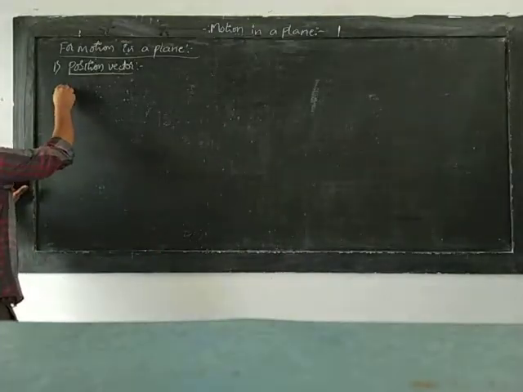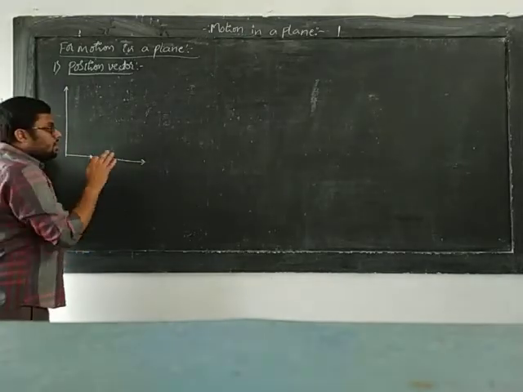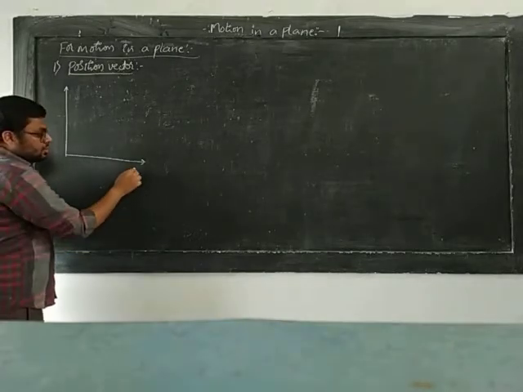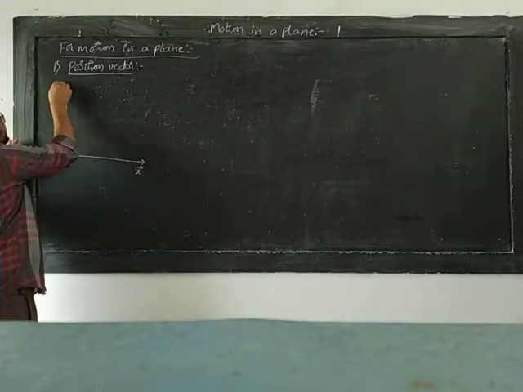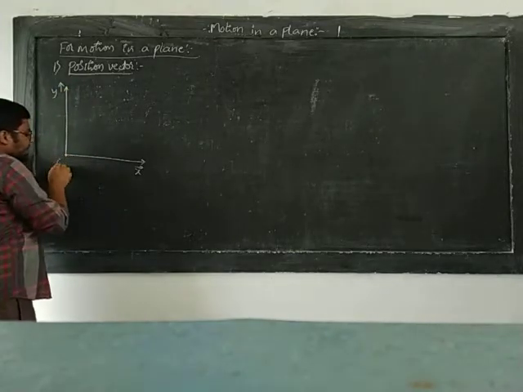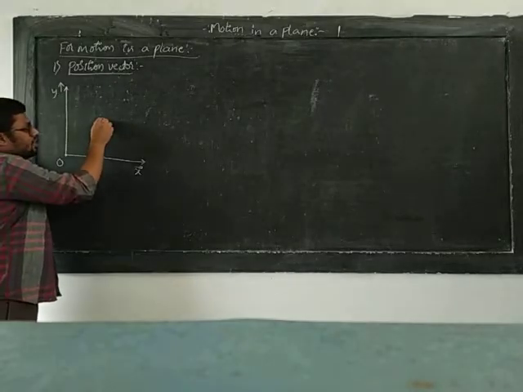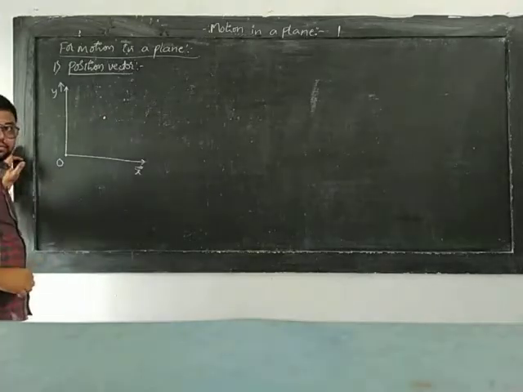So I will consider the xy plane, the plane which is lying in the xy coordinates. So this is the x-axis and this one is the y-axis, right? So it is nothing but the origin. So our object or our particle is somewhere at this point. Okay.